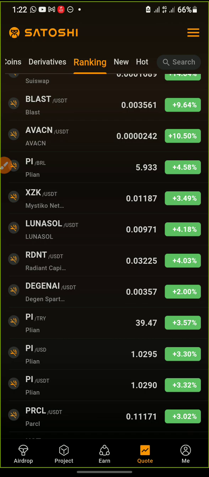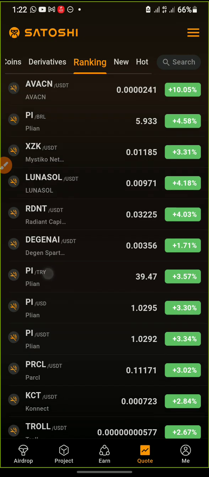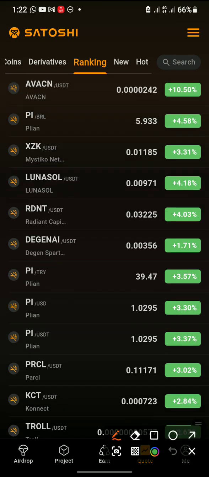Remember, Pi was at $0.8. This is the current value of Pi. This is Pi right now, Pi USDT.